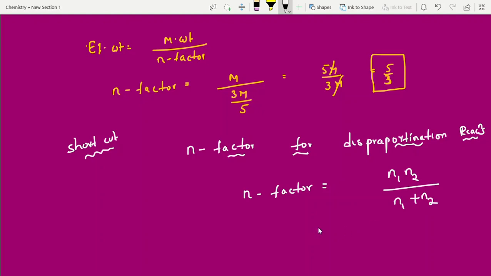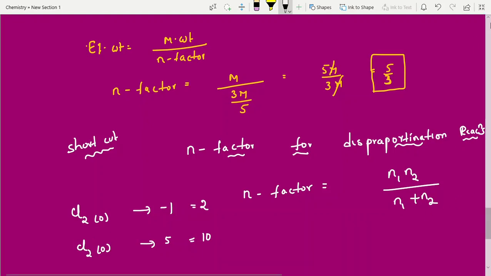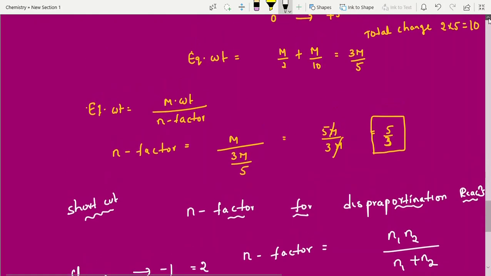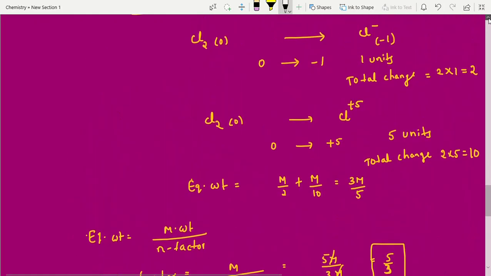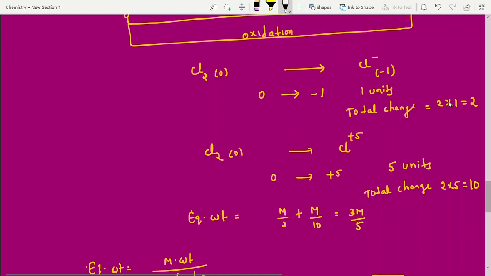That's it. Just now we calculated chlorine 0 oxidation state to minus 1, and chlorine 0 oxidation state to 5. What is the total change we have taken here? Here the total change equals 2, here the total change equals 10. That is n1, n2. Is it clear, students? 0 to minus 1, total change 2; here total change 10.